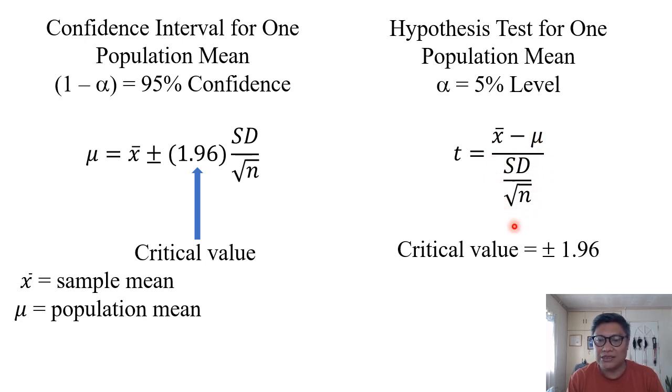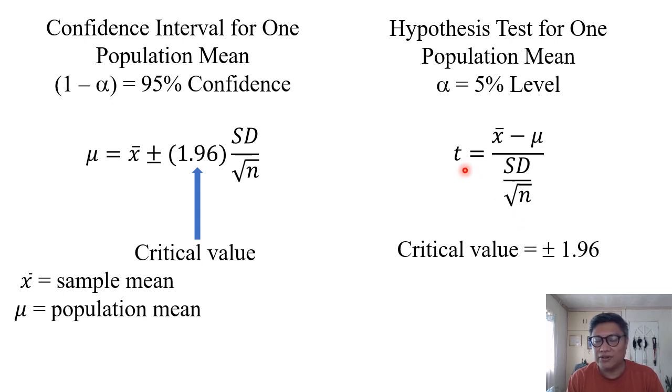Our basis, class, for rejecting the null hypothesis is if the computed t-value, the absolute value, meaning we disregard if there is a negative sign, is greater than 1.96.